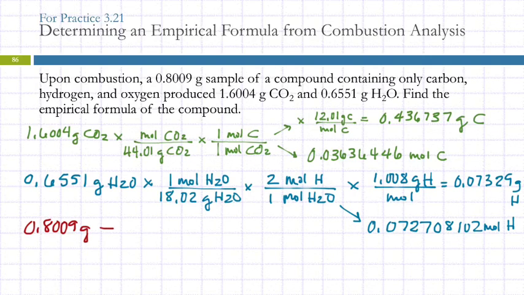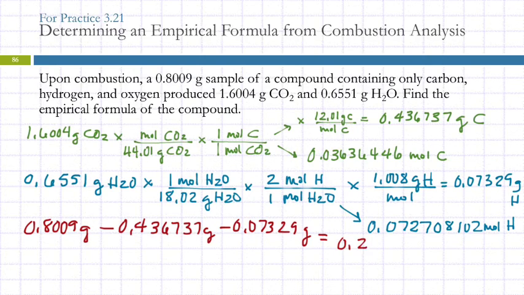I'm going to subtract the mass of carbon, 0.436737, and I'm going to subtract the mass of hydrogen, 0.07329. Grams. That's the mass of oxygen.